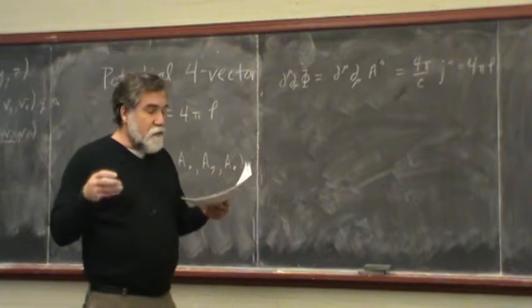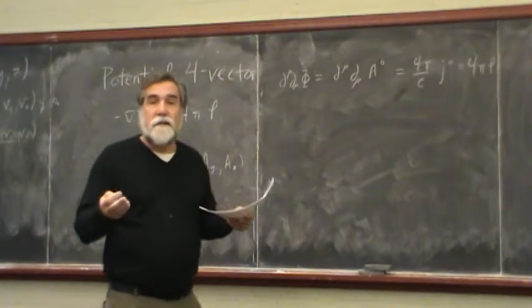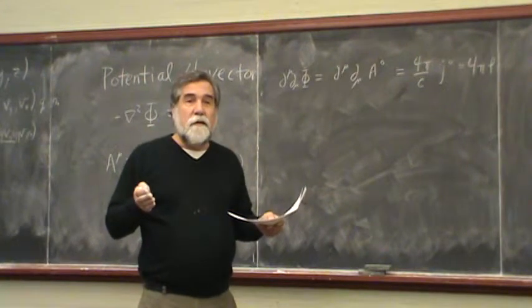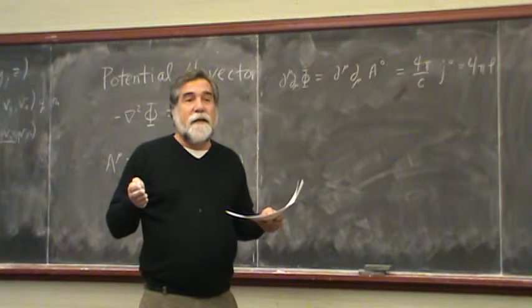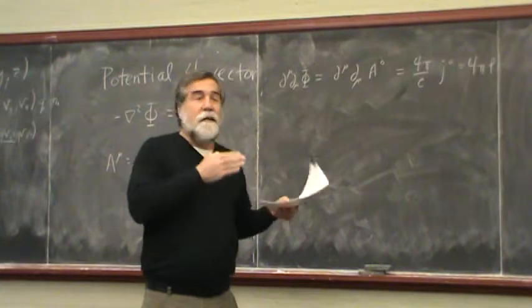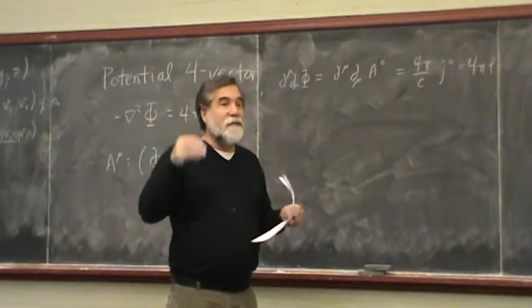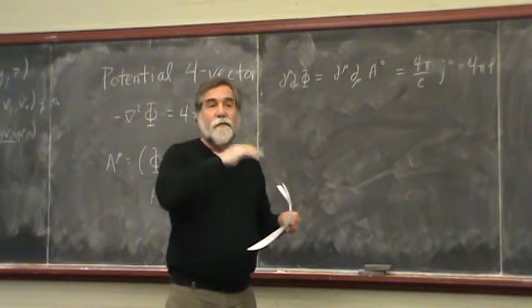In order for it to be invariant, depending upon the direction you go, the Lorentz transformation mixes up the first term with the second, or the first with the third, or the first with the fourth.